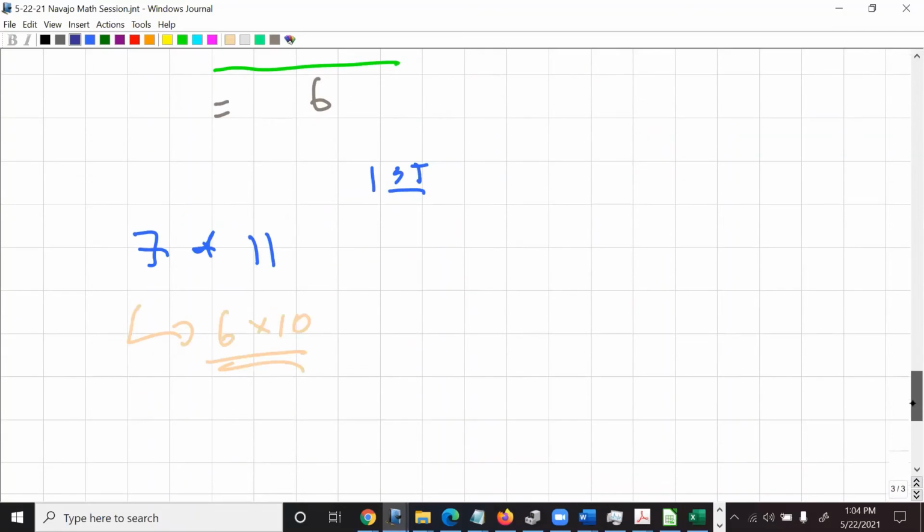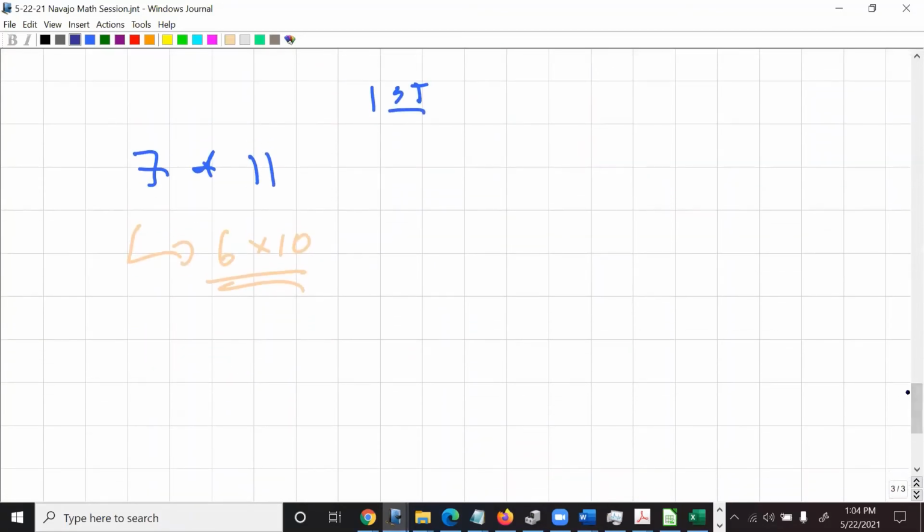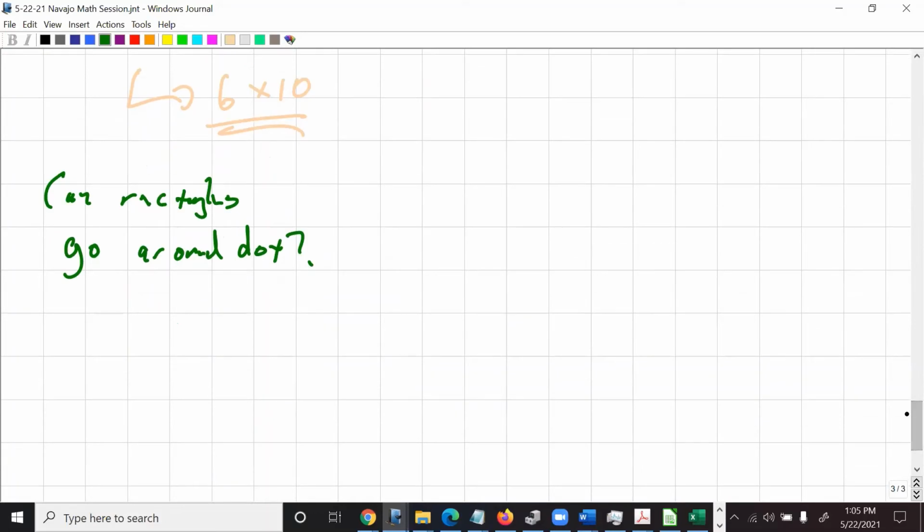Yes, that's what I'm trying to get, is I'm trying to get one of you to enunciate the question. I have some rules in the back of my mind, but here you're asking some beautiful questions. Can rectangles go around dots? And can they overlap?